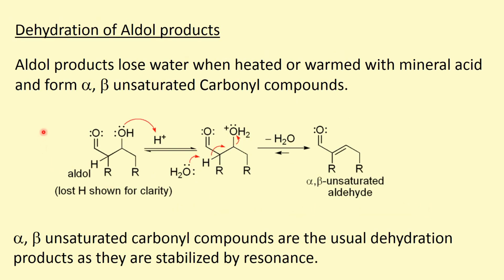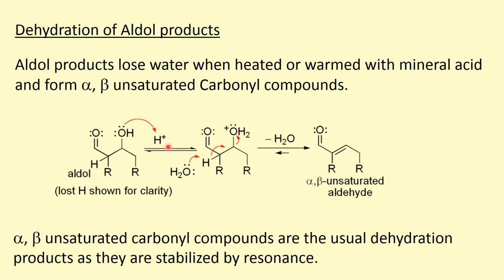Now this beta hydroxy carbonyl compound undergoes dehydration. That means these aldol products lose water when they are heated with mineral acid, and finally they form alpha beta unsaturated carbonyl compounds. What happens?